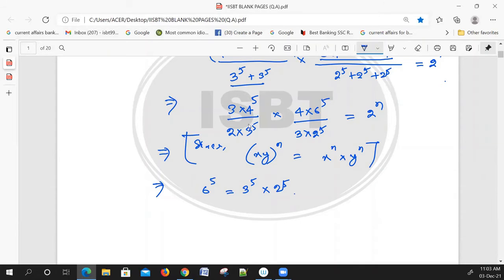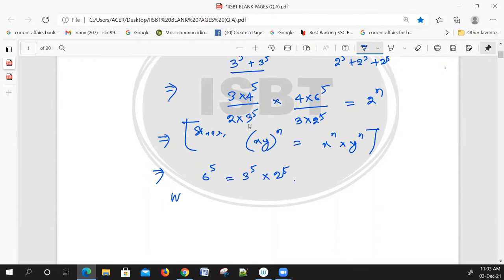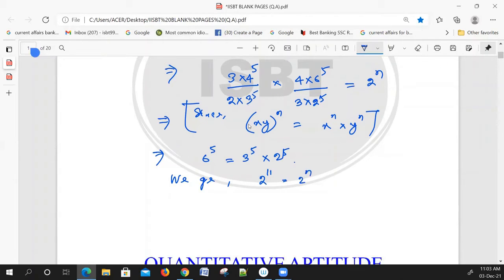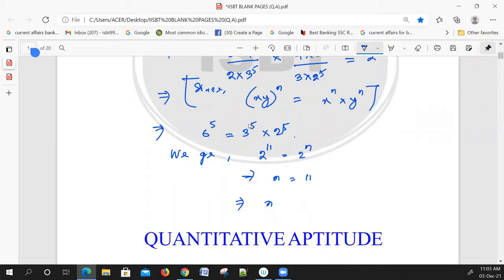So we get 2 to the power 11 is equal to 2 to the power n, or n is equal to 11, or n square is equal to 121. Yes or no? I think everybody understands.